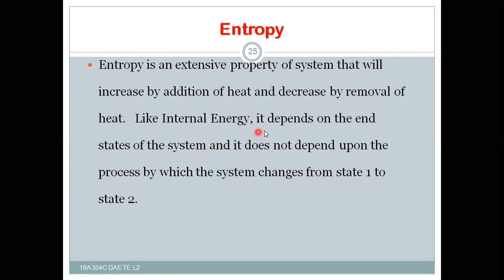Like internal energy, it depends on the end states of the system and it does not depend on the process by which the system undergoes from state 1 to state 2. Means it is independent of the process or path of the system, but only depends on the end states.